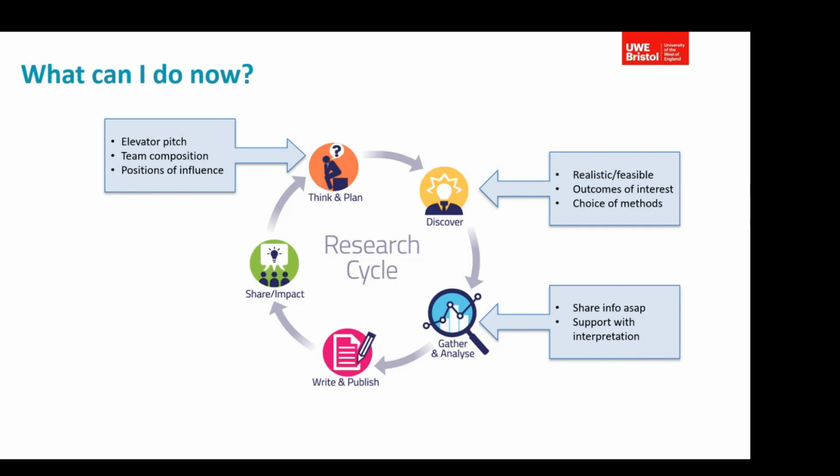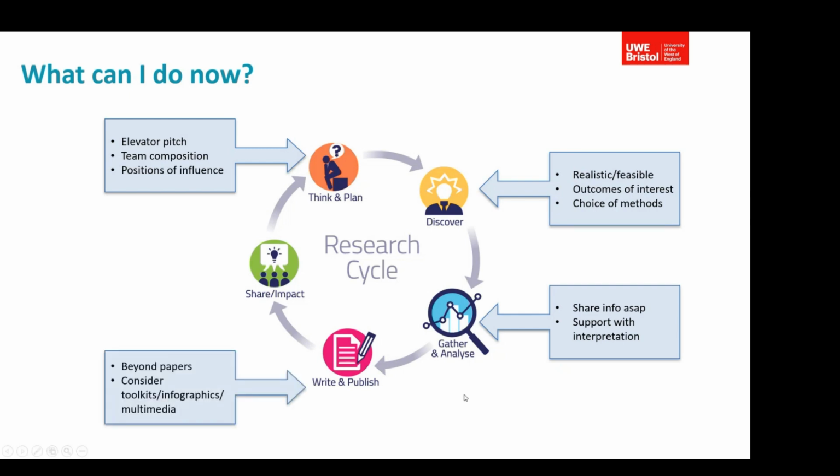And really use your whole wider team to help you think about what your results mean when you're at the interpretation stage, because you'll see things from your perspective, but once you involve other people and their perspective, it really helps you fully understand what those results are saying and what the impact might be.